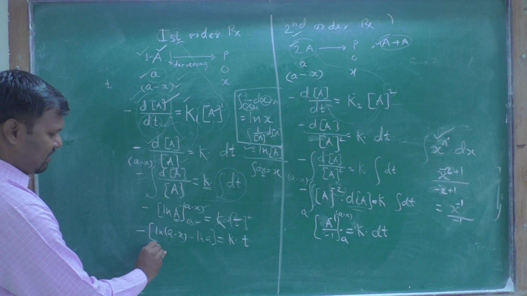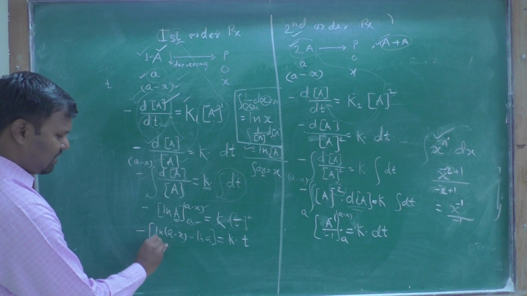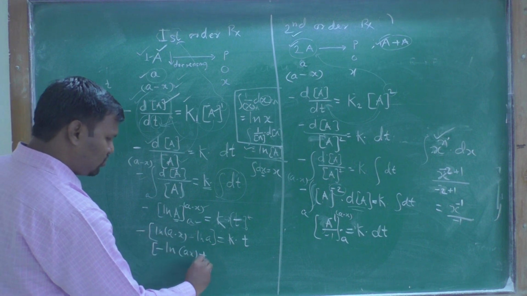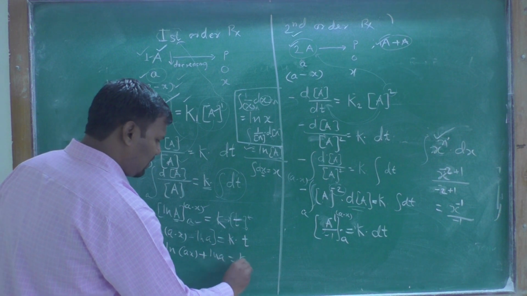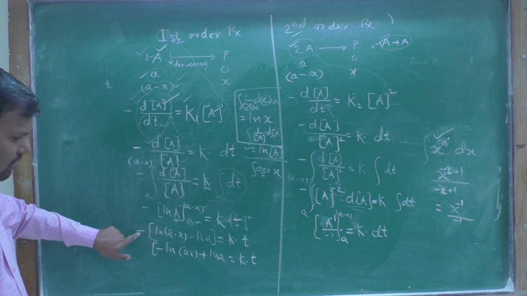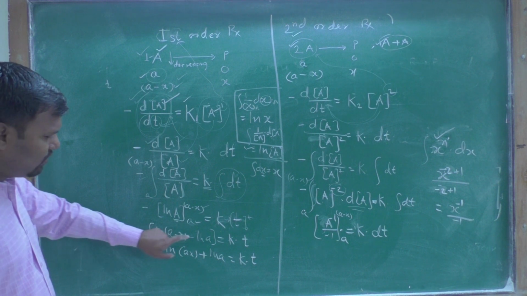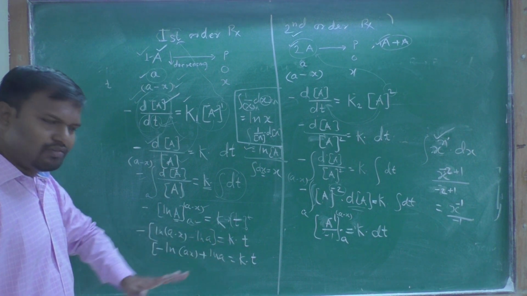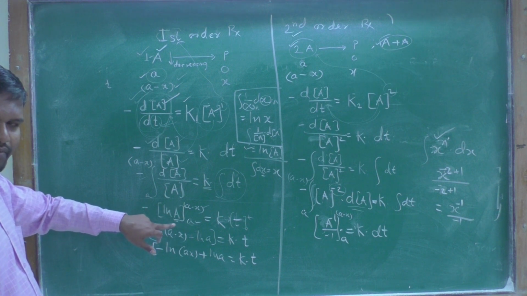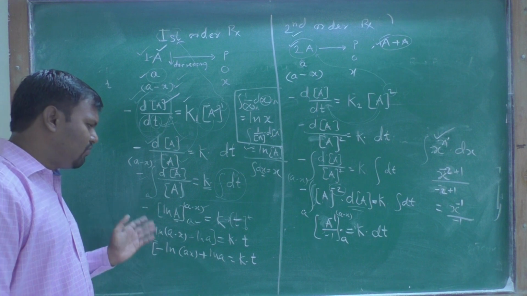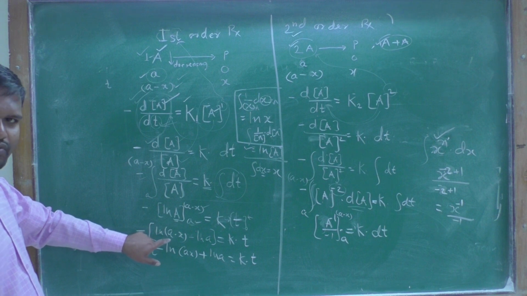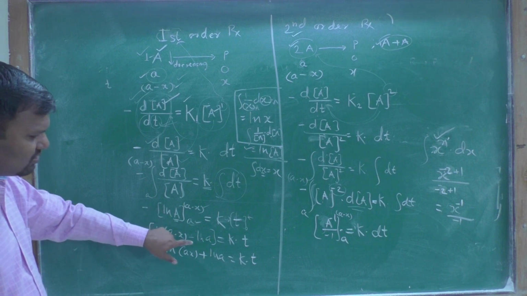Therefore the minus sign goes into the bracket, that minus will be ln a minus x, that negative will be positive, ln a is equal to k into t. Okay, remember this: in brackets outside there was negative, and negative will be positive, and kt remains as it is. In this case, if you solve the integration you have to subtract the initial concentration from the final concentration: ln a minus x minus ln a.